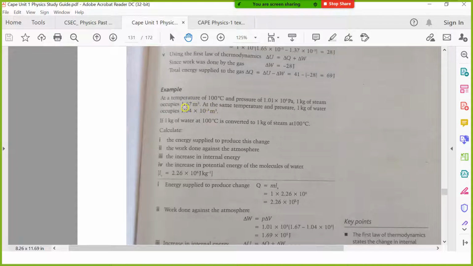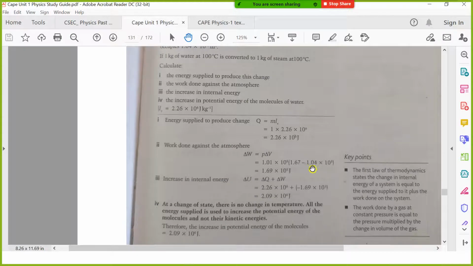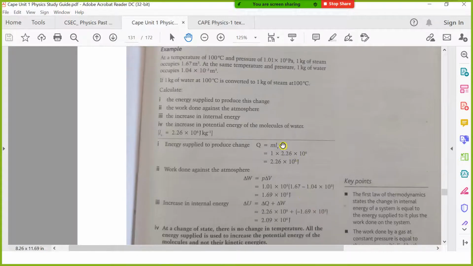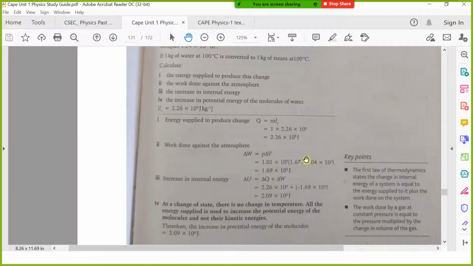Now this would have been the volume of the water. So what they did here is correct, right? Providing that we know that the volume was 10 to the 3, right? So this is the correct way of writing it out. So we made an error right there, right?